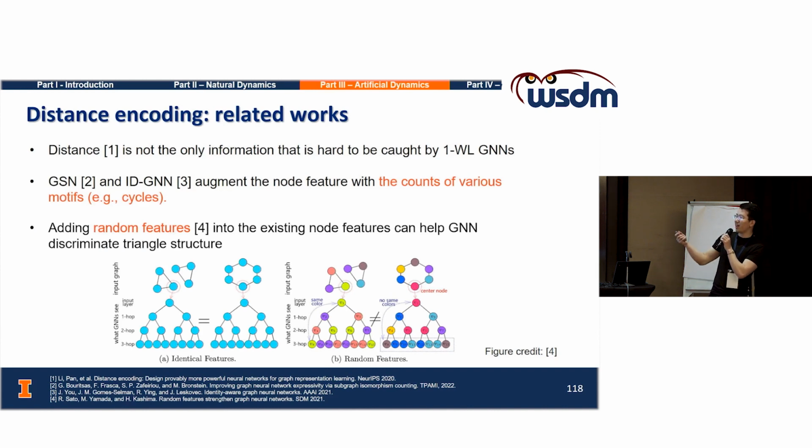And they claim that after adding some random features, every node will have a different identity, right? I know some random features might conflict with each other, but that's not always the case. So after adding some random features into the node features, we can distinguish which node is which and enhance the expressiveness of the graph neural networks.